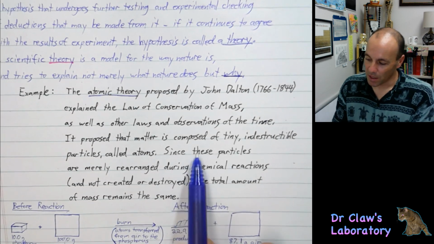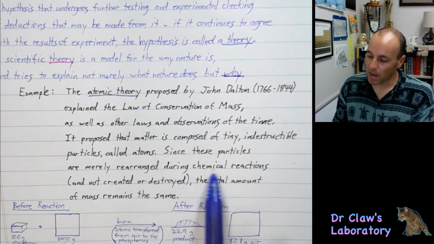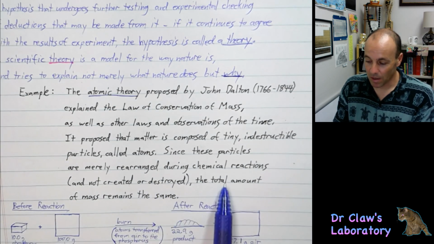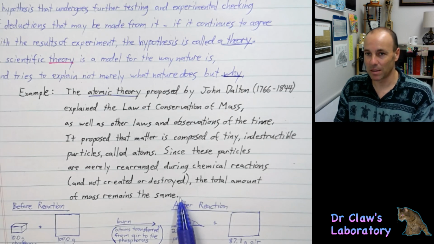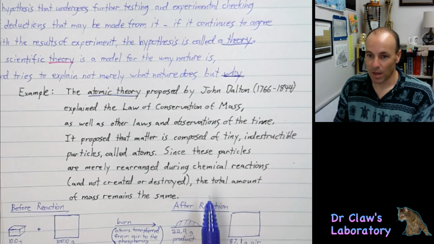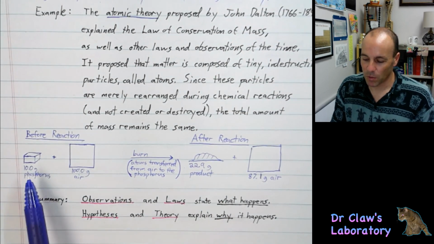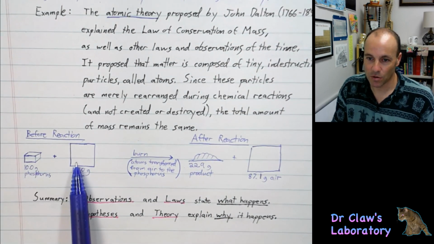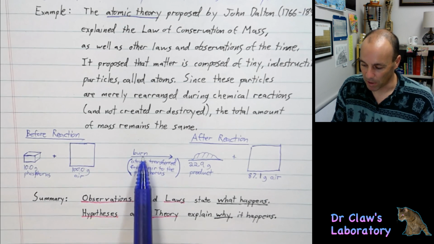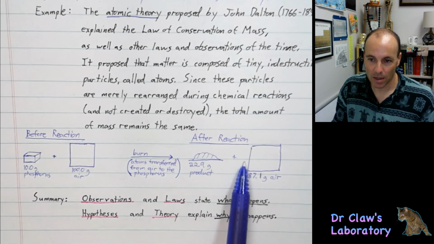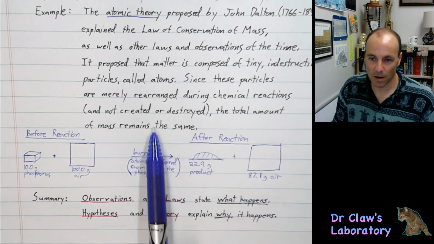Since these particles are merely rearranged during chemical reactions and not created or destroyed, the total amount of mass remains the same. Okay, let's go back to our experiment. Before the experiment, we had 10 grams of phosphorus and 100 grams of air. You burn it. After the experiment, you had 22.9 grams of product and 87.1 grams of air.